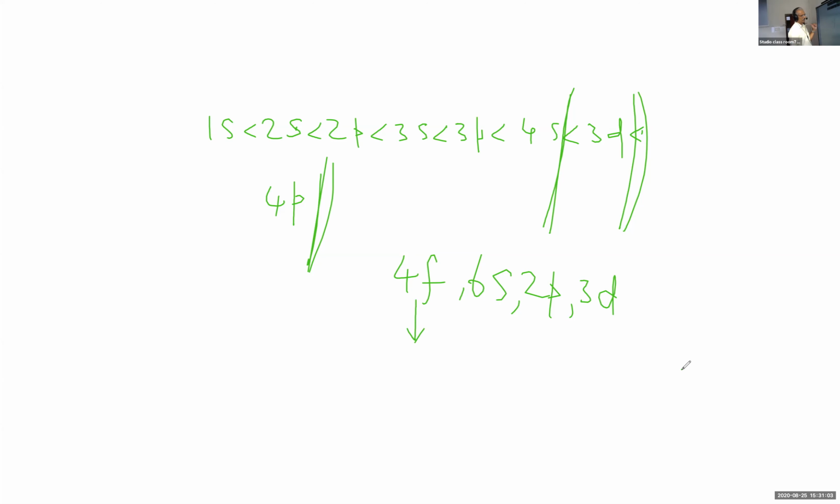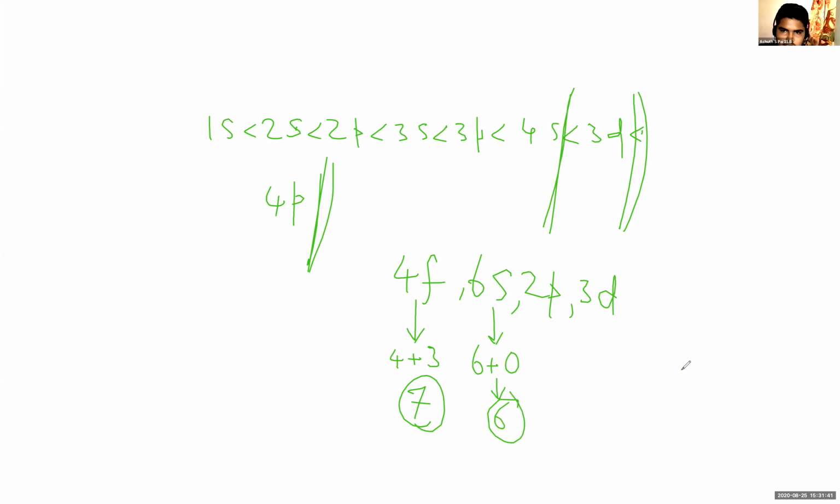Make it thorough. So 4 plus 3 is equal to 7. Now 6s: principal quantum number 6 plus 0, so the value is equal to 6.